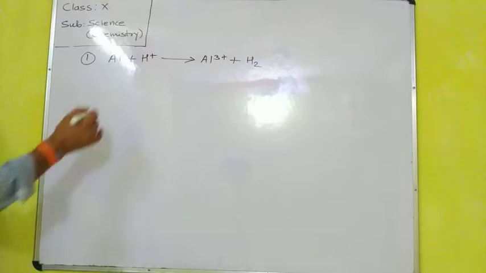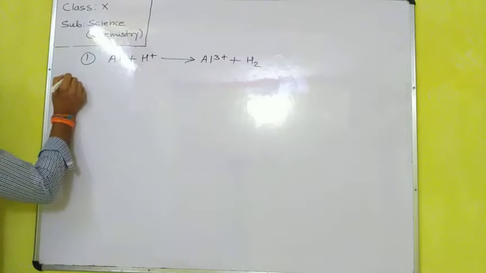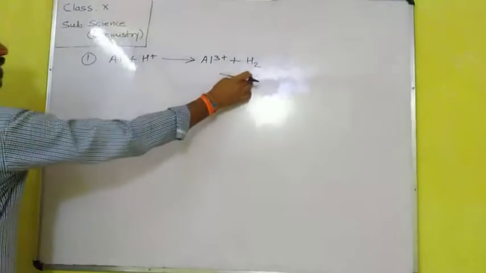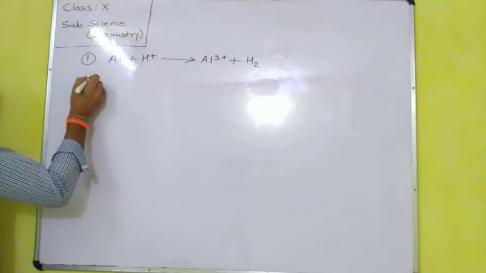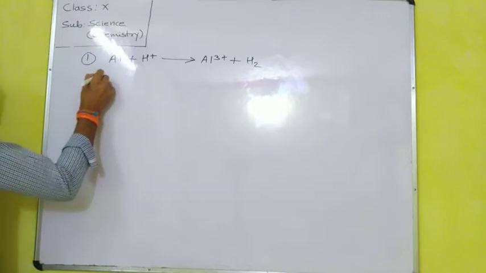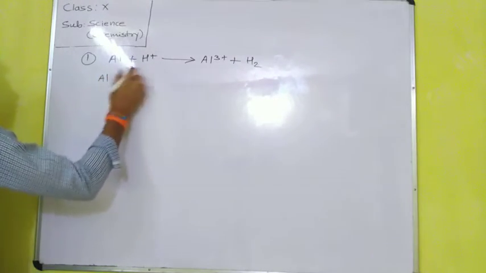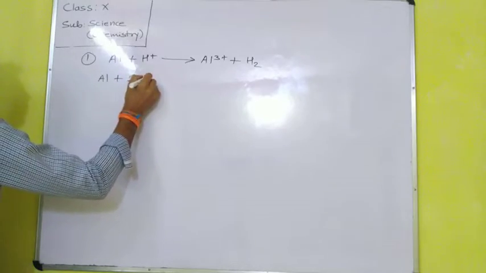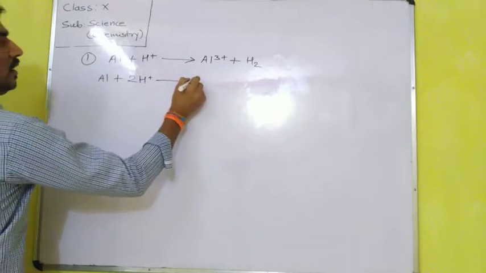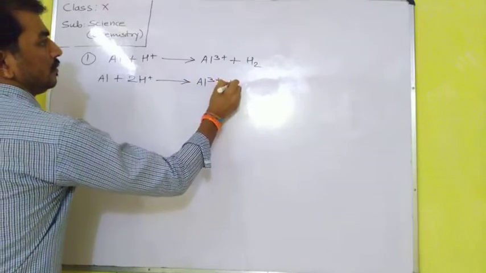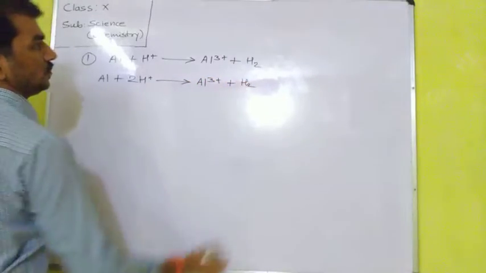So now we have to balance hydrogen. Here one atom of hydrogen, here two atoms of hydrogen. So we have to multiply it by 2. Al plus 2H plus gives Al3 plus plus H2.